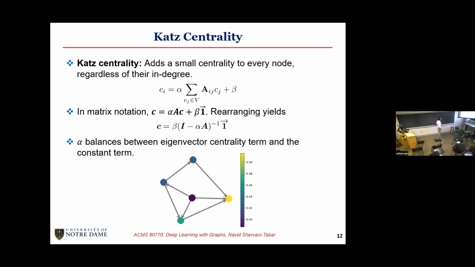So we rewrite this in matrix form, where 1 here is just a vector of ones. And we rearrange this so we have C only on one side, and this is what you get as the formulation for Katz centrality.